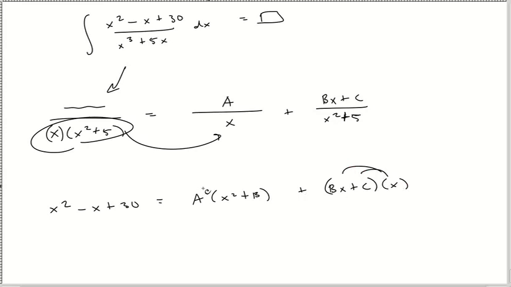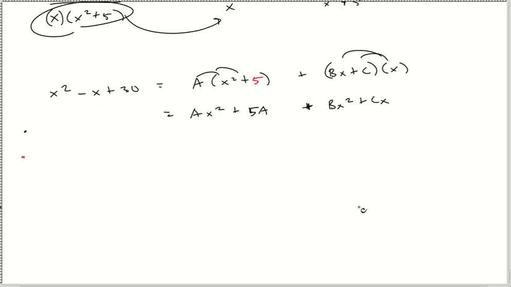So distribute this way: ax squared plus a, why did I put a b there? That's a 5. Oh, because I was thinking b. Hold on. Okay, there we go. So that's a times 5, so it makes 5a.